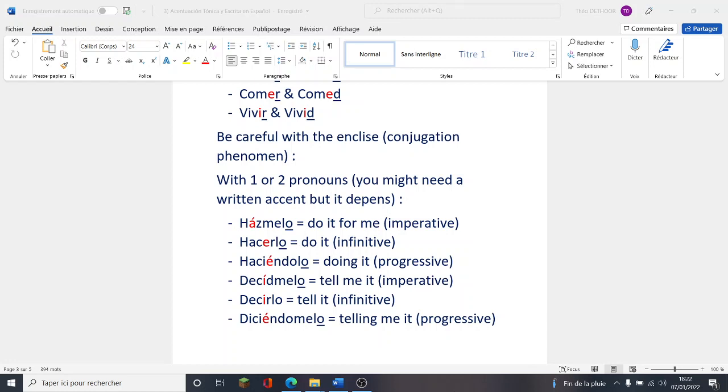It can mix things up with word stress, because if you're adding some syllables in the word, it can move the word stress, and you might sometimes need written accents in order to put the word stress where it should really be. So let me explain a little bit what I mean with enclisis.